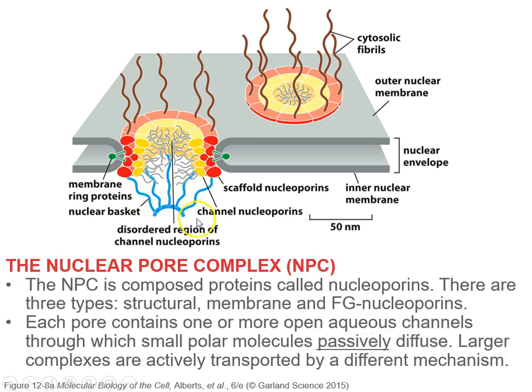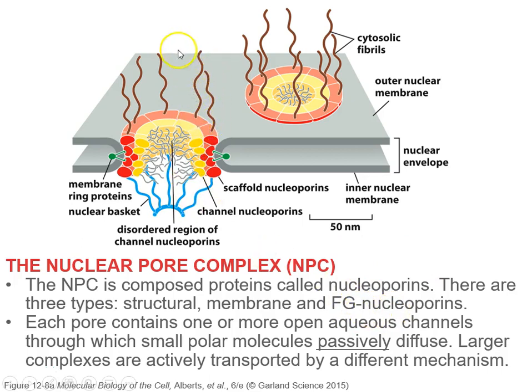And then there is a nuclear basket right here. And then these little spaghetti kinds of things right here, those are proteins that will be involved in allowing the passage of certain entities across the nucleus. So those are called FG nucleoporins.